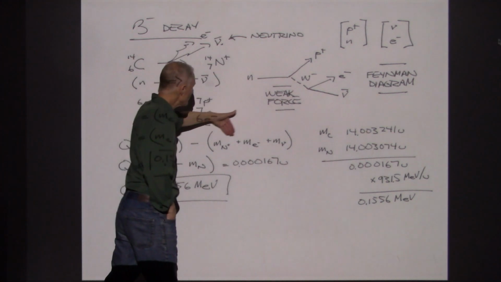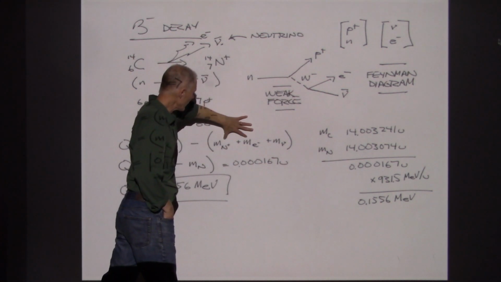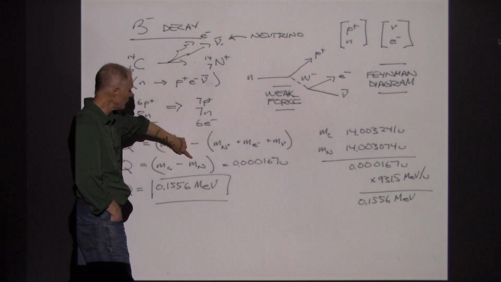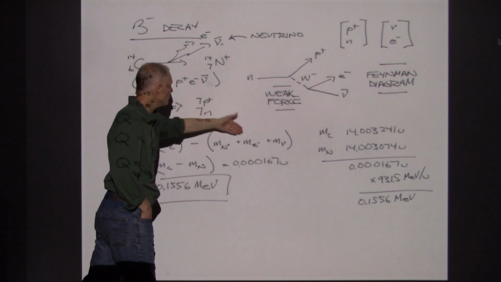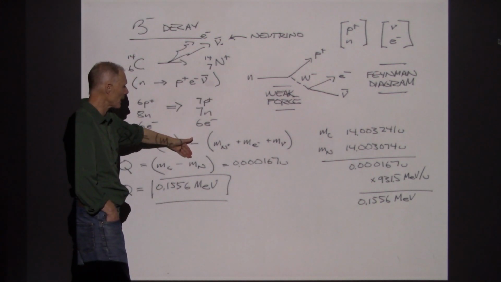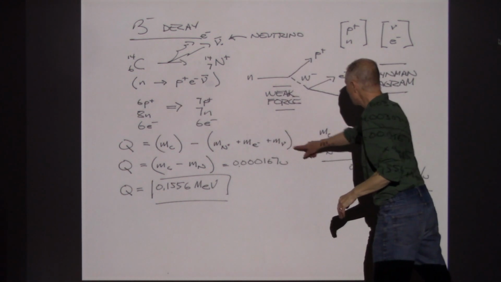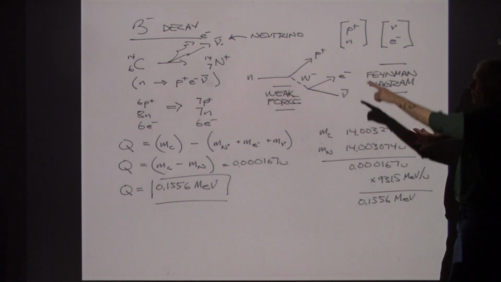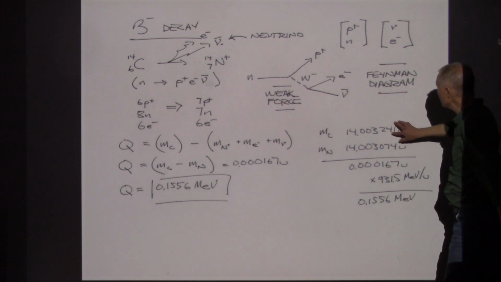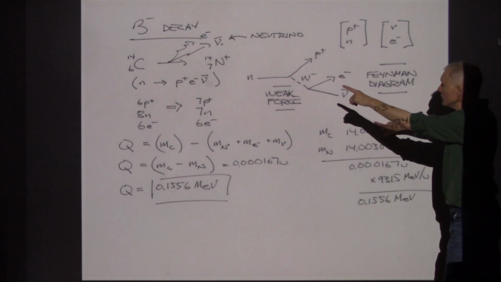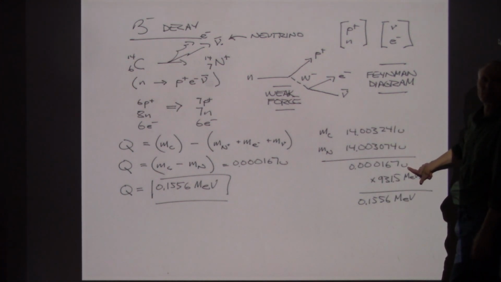So here are the particles coming out of the reaction. I combine these two together, and now that's the mass of a neutral nitrogen. So the mass of the electron I don't need to include because it's going to get included by the nitrogen mass. And the neutrino's mass I can ignore because it's so small. And so all I have to do in beta minus, we'll see beta plus is different, but in beta minus decay, I can take the mass of the carbon-14 minus the mass of a neutral nitrogen-14, that's my missing mass.